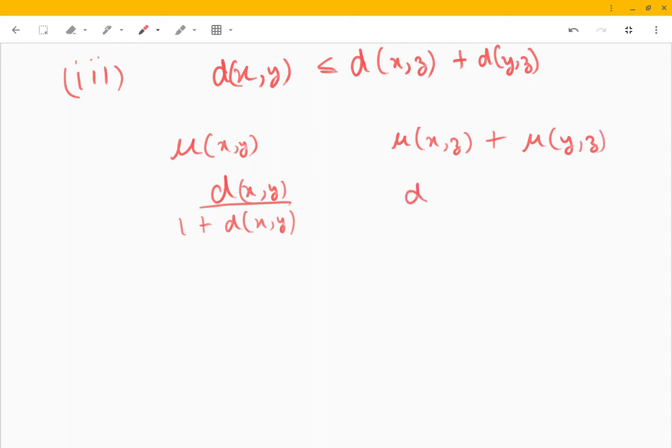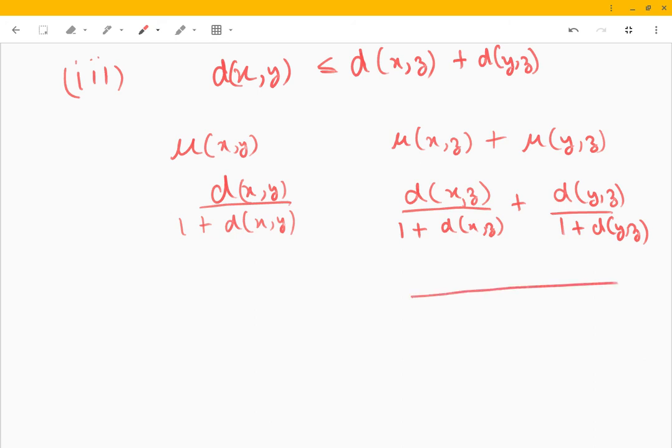Okay, what do we have here? d(x,z) over 1 plus d(x,z), plus d(y,z) over 1 plus d(y,z). So let's take the LCM here, I think. Yeah, why not? d(x,z) multiplied by 1 plus d(y,z).